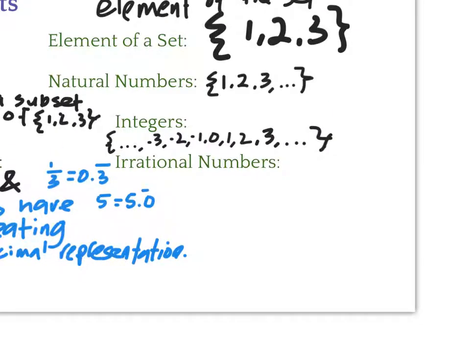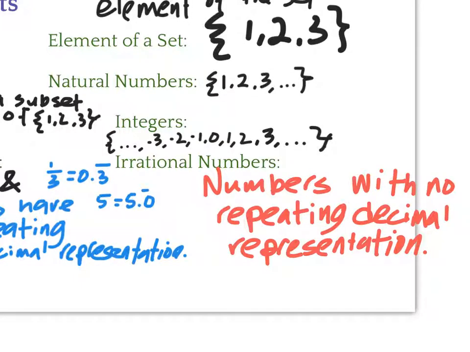Irrational numbers then are numbers with no repeating decimal representation. These would be numbers like the square root of numbers that aren't perfect squares, or a famous irrational number would be pi. These numbers, if you look at their decimal representation, go on forever, but they never repeat.